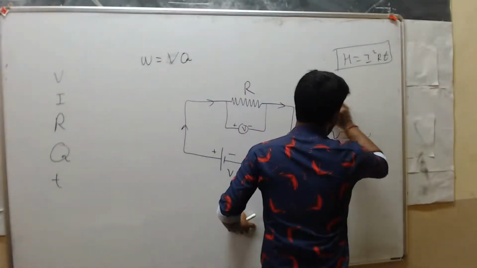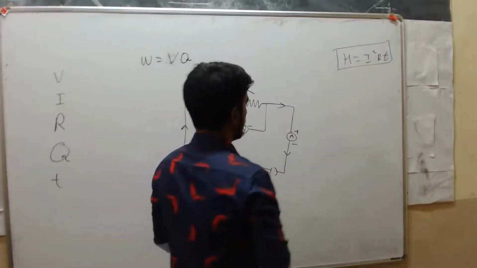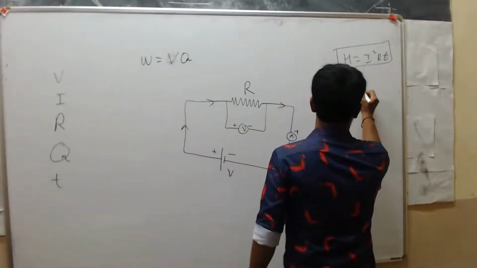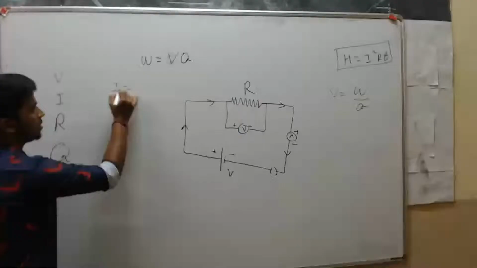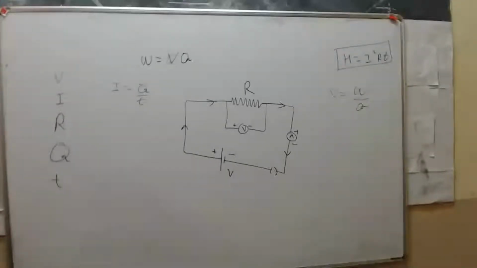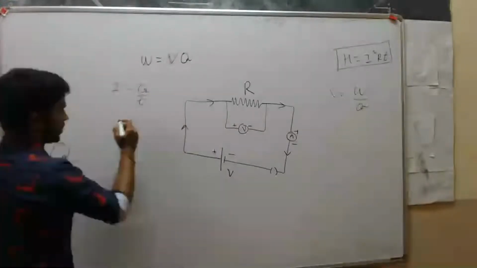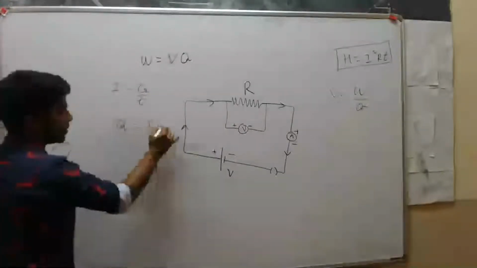So then what is the next step? Using the expression V is equal to W by Q, can I write I is equal to Q by T? Now can I write this equation as Q is equal to I into T?